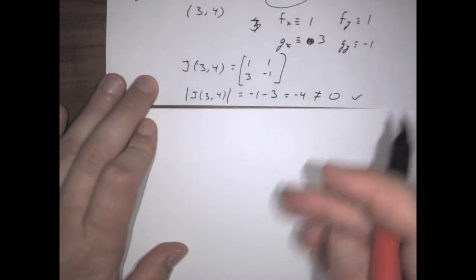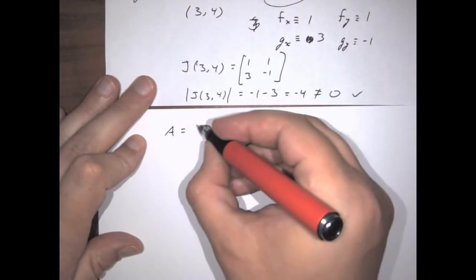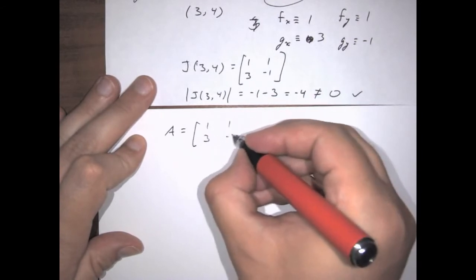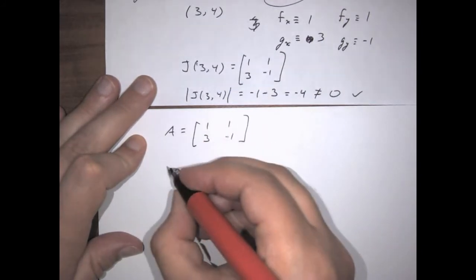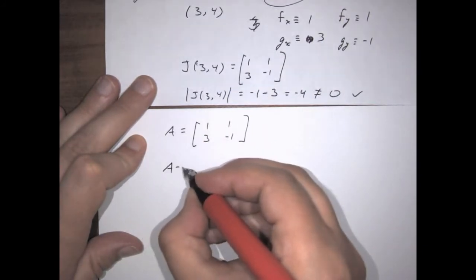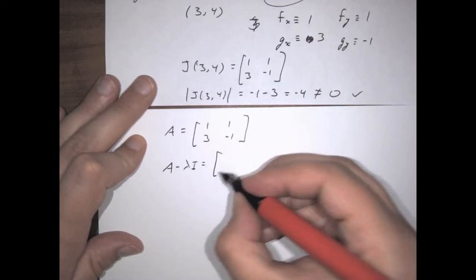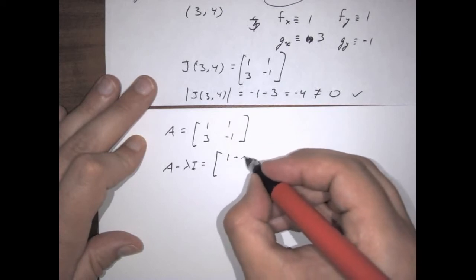And then it is up to us to find all the eigenstuff. So if the A here is going to be 1, 1, 3, negative 1, then A minus lambda I is going to equal 1 minus lambda.